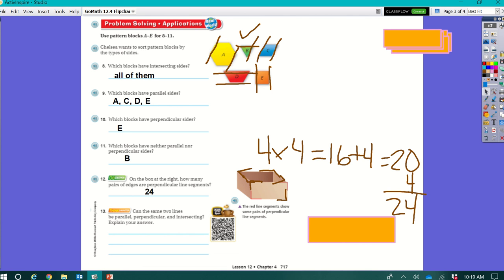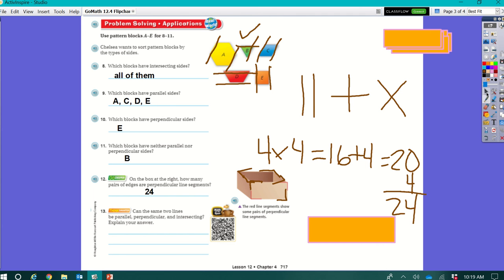Can two lines be parallel, perpendicular, and intersecting? Can they be all of them at once? And if you said yes, explain your answer. If you said no, explain your answer.